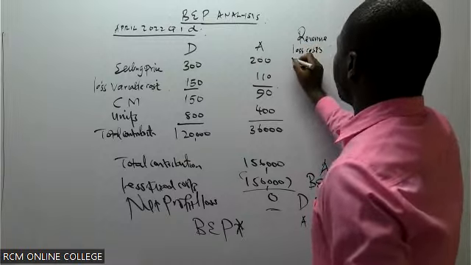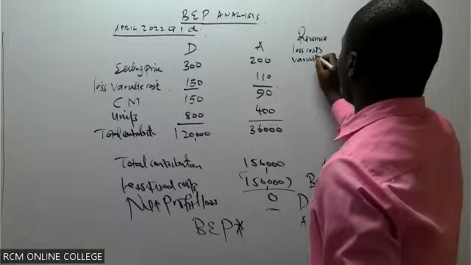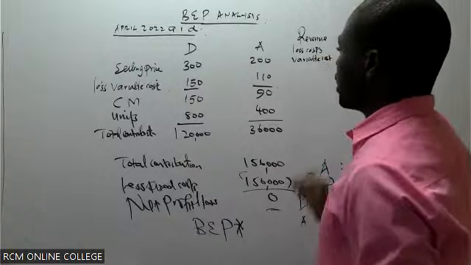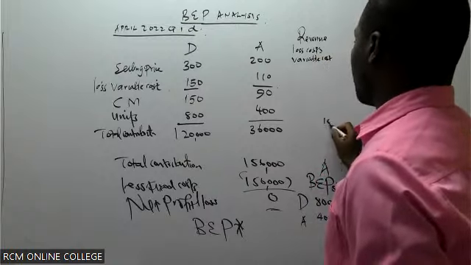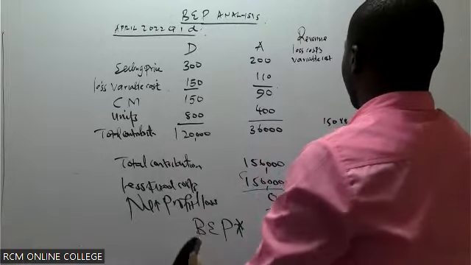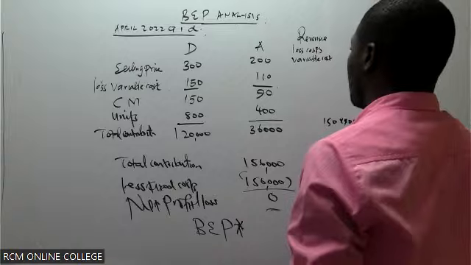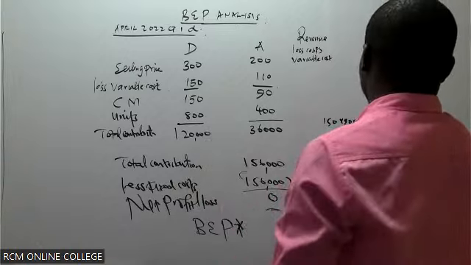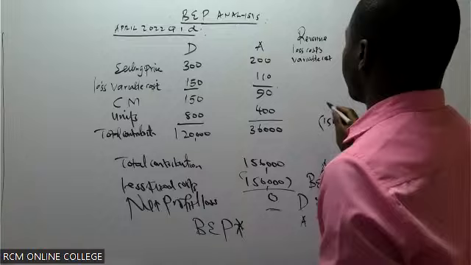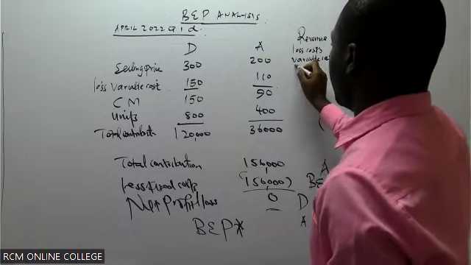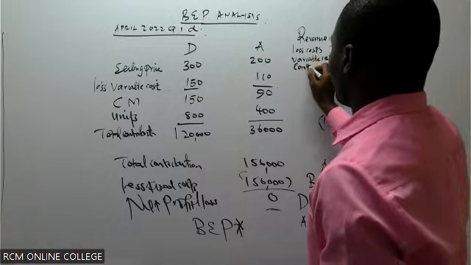So the cost here we have variable costs. How do we get the total variable cost? It is 150, we multiply by 800, plus 110, we multiply by 400. If this is worked out, what are you getting? So that I get my contribution.